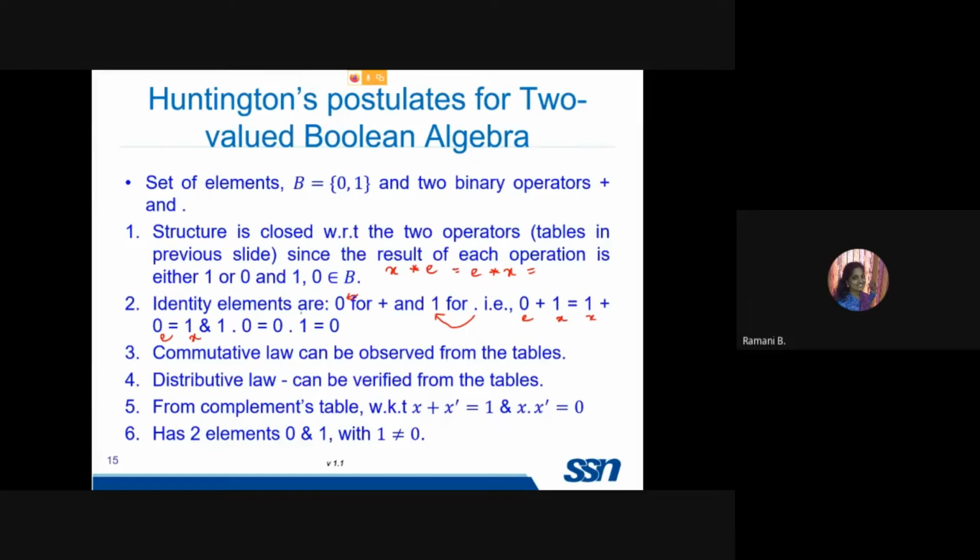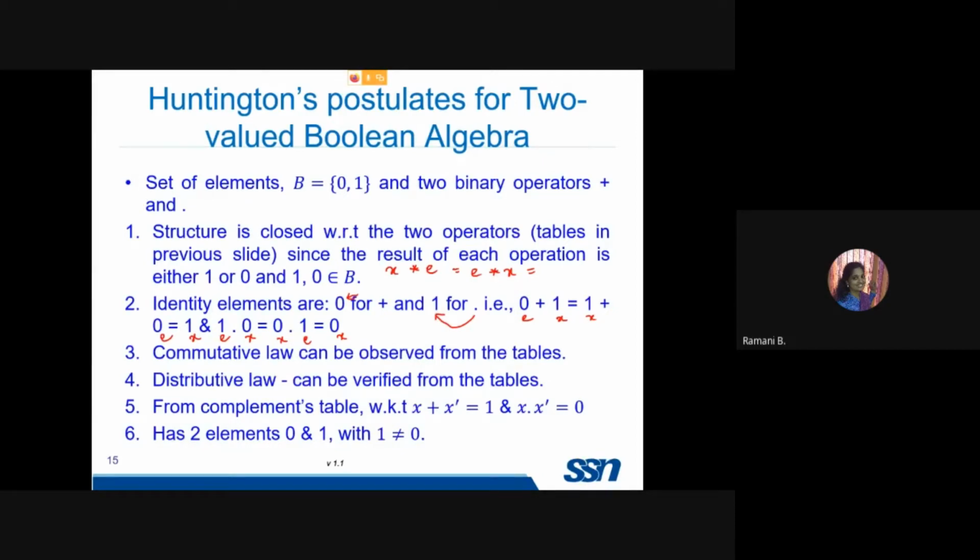For the dot operator, this is my e, this is my x, and you also get x as such. So with two-valued algebra, the identity element of the plus operator is 0 and of the dot operator is 1.